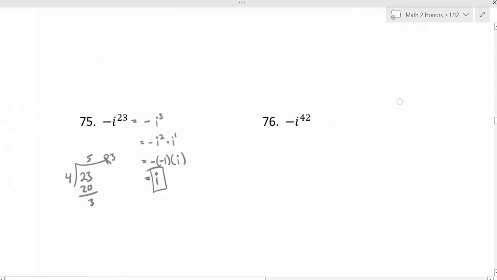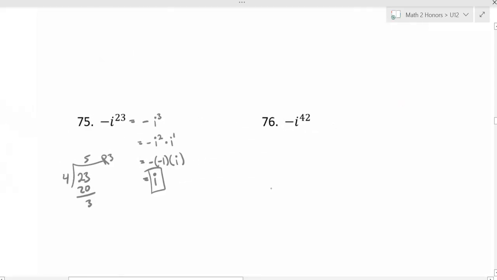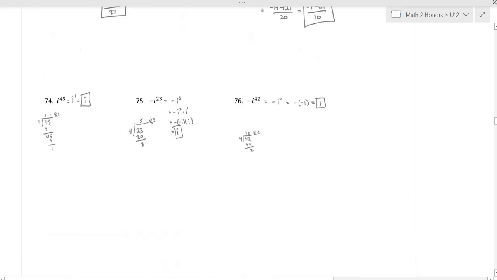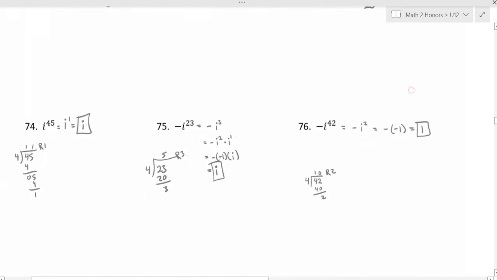And 76. We get a remainder of 2, so this is equal to negative i squared, which is negative times negative 1, which is just 1. And that is our last problem.